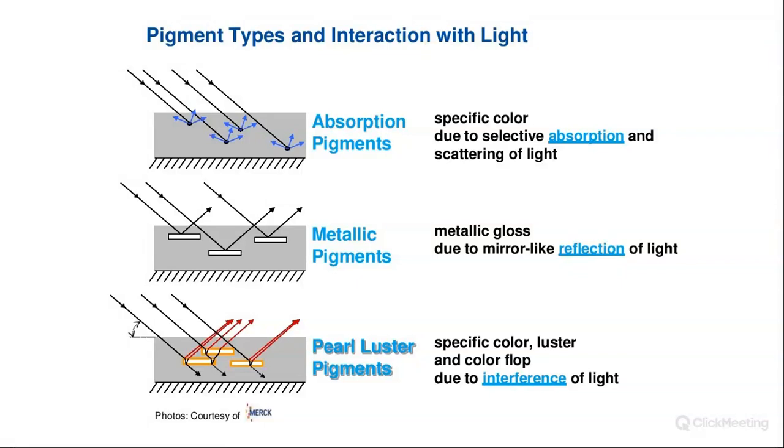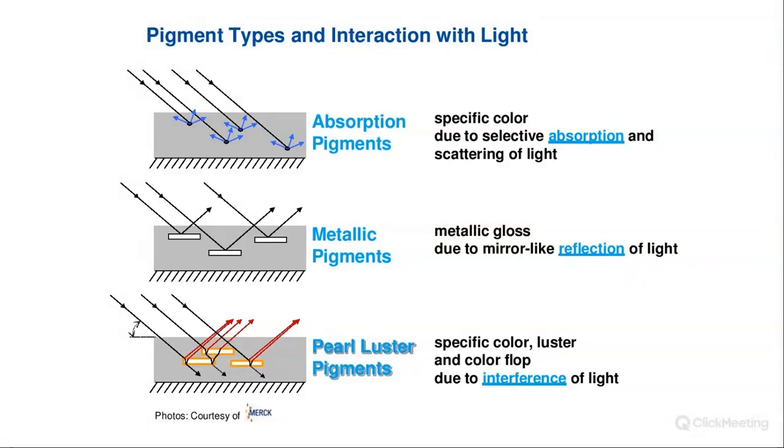You often see them in pearlescent cars or very fancy cars, where as the car drives by, you see this color flop of different colors. It could be a white to dark color flop, where it gets darker as you see the other sides of the vehicle, or a dark to white color flop, where you see it go from a darker color to a lighter color.